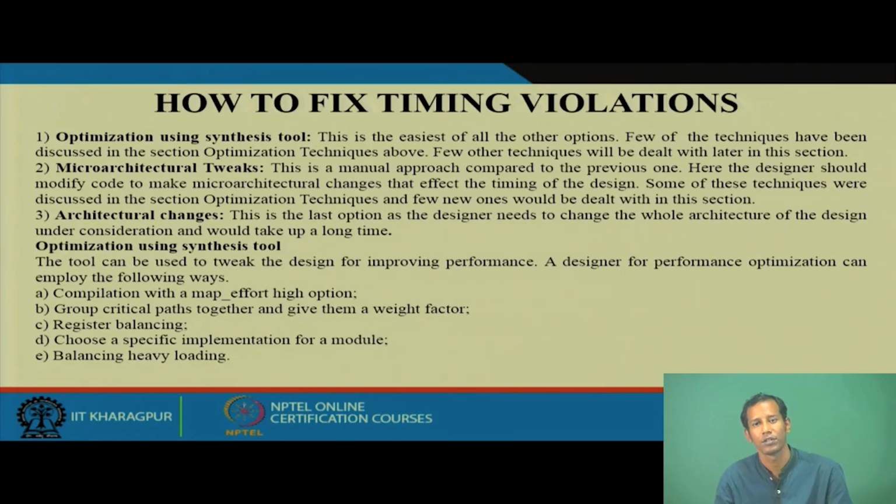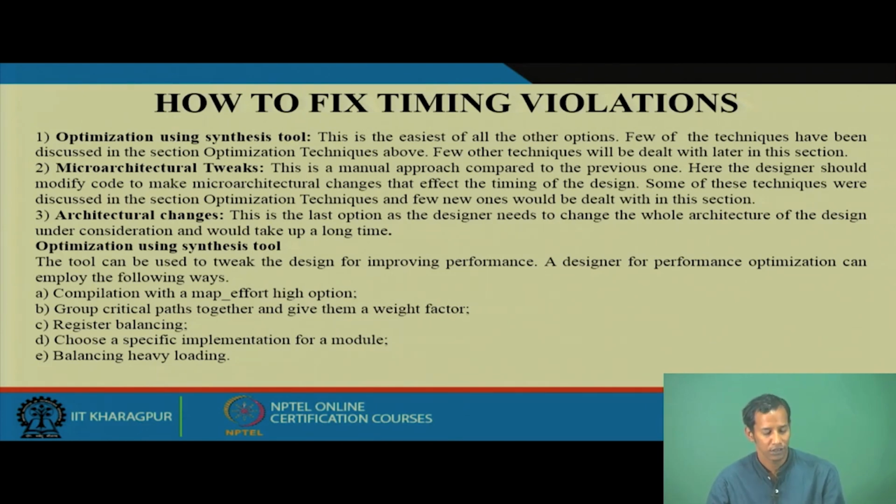Other optimization options also exist. If we optimize the circuit, there will be improvement in its timing performance, so we can fix any timing violation that way. That is why this is the easiest one.